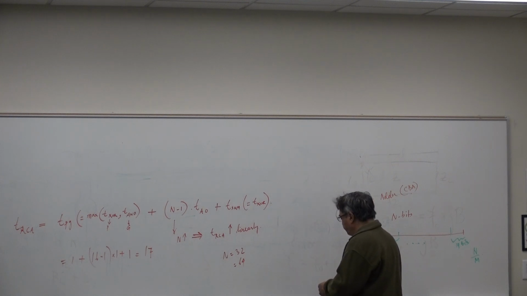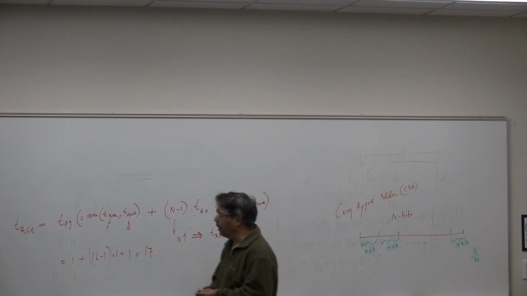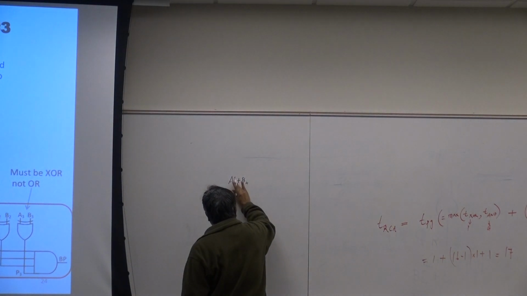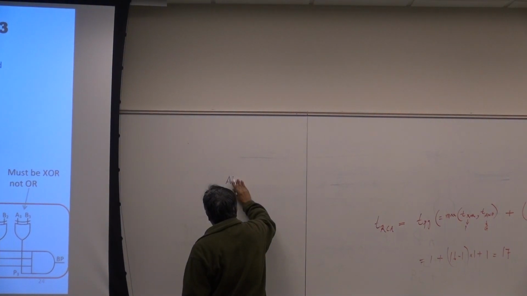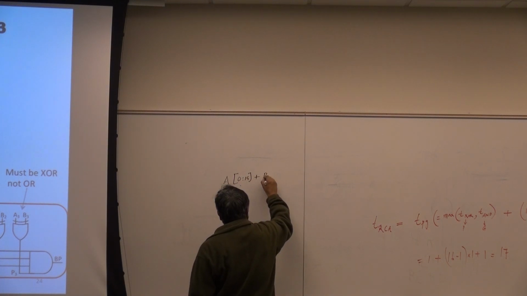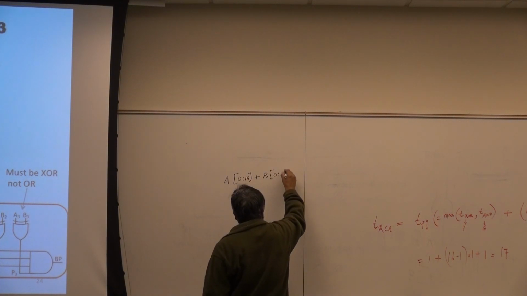So if we take an example of addition of A plus B, the two numbers, say A0 through A15 plus B0 through B15.